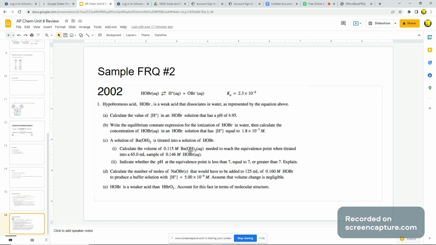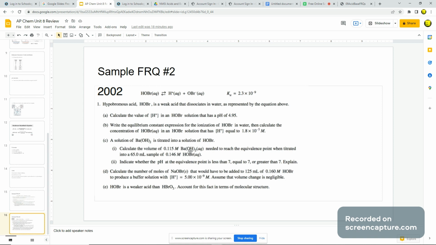You just do 10 to the negative 4.95, and that gives you 1.12 times 10 to the negative fifth, and that's the concentration of H plus ions.